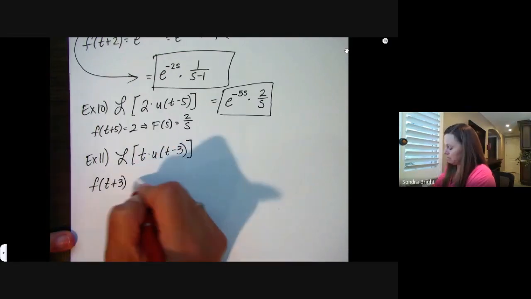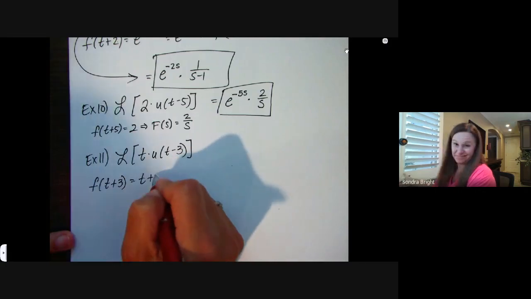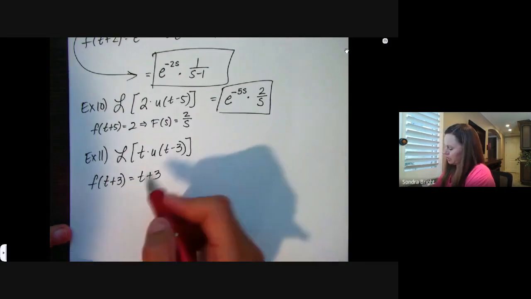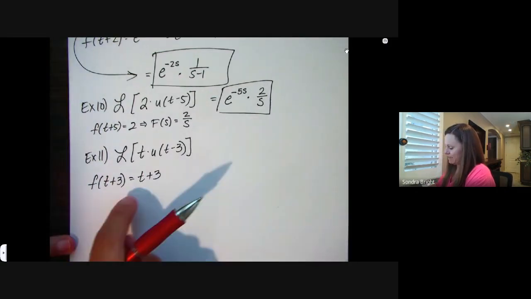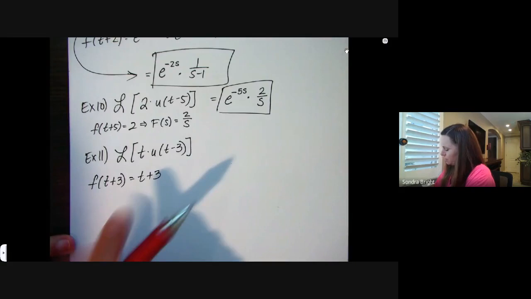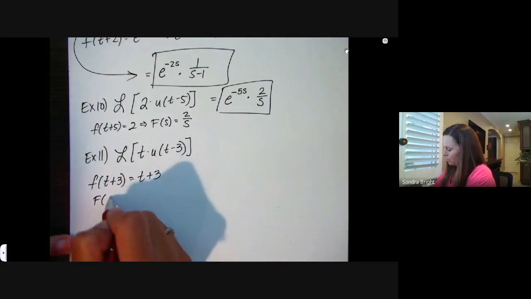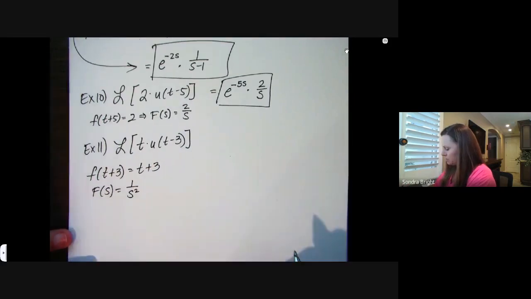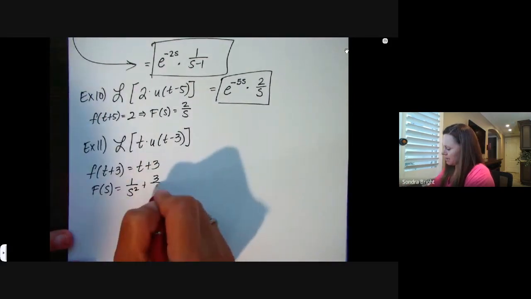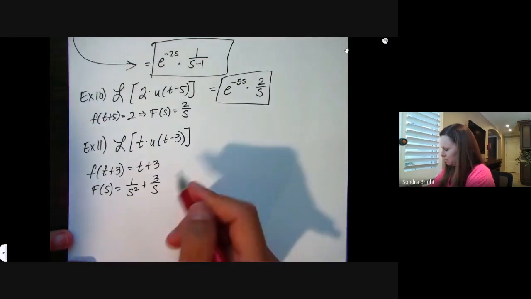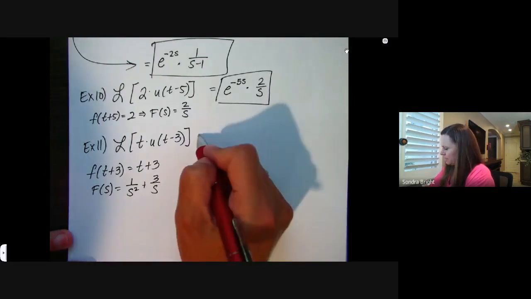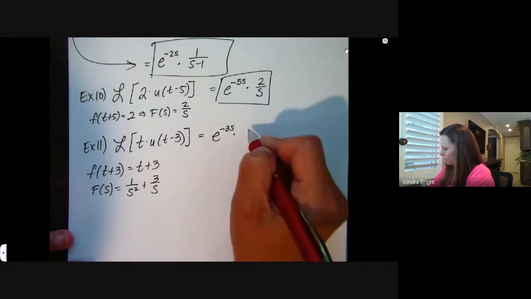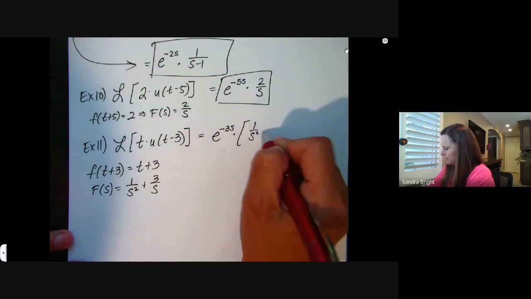And so the Laplace transform, do you remember, of t, big F of s, would be 1 over s squared, and then 3 is just 3 over s. So this is equal to e to the negative 3s times (1 over s squared plus 3 over s).